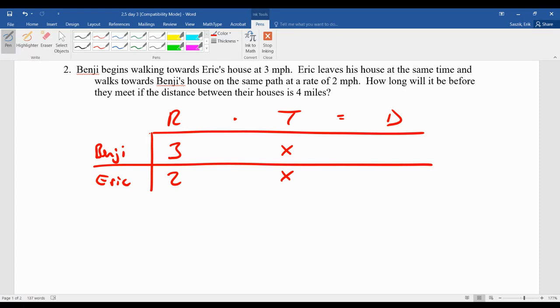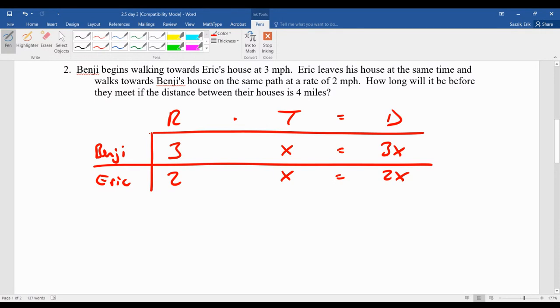Do we know how far Benji went? We don't, but we know that rate times time gives us distance. Same thing with Eric. So we know that Benji's distance was 3x, Eric's distance was 2x. They did not cover the same distance. They do not meet exactly in the middle because Benji's walking faster than Eric.